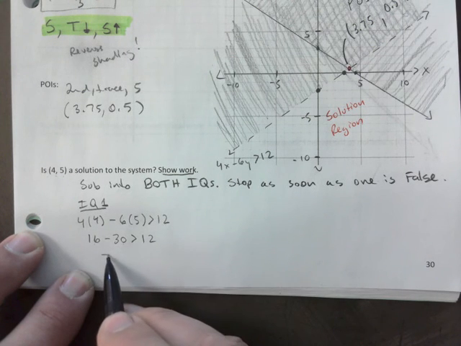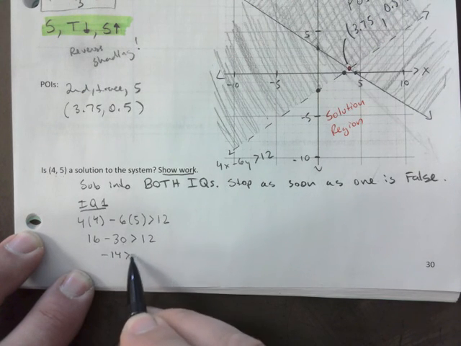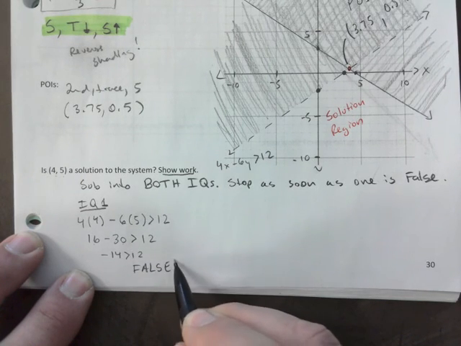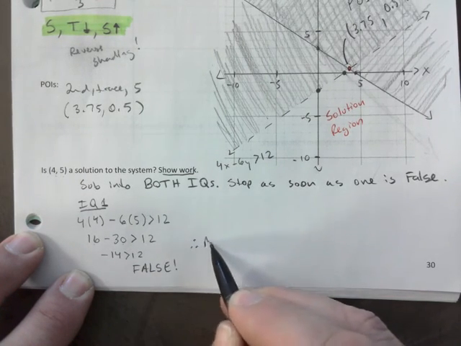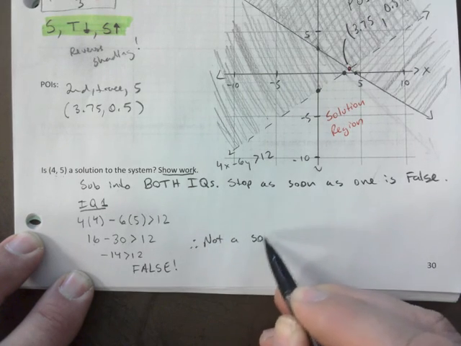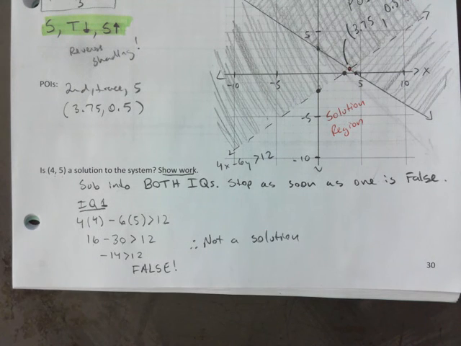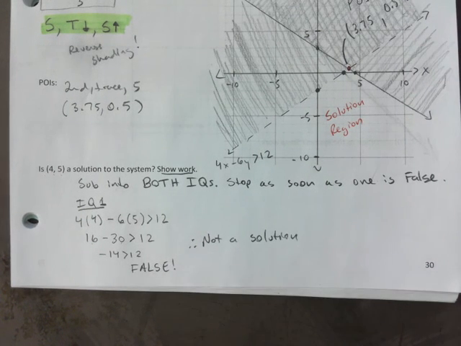And this gives you negative 14 is greater than 12. This is false. Therefore, not a solution. I did not enter it into the other one, did I? It could have been true for that one, but it actually won't be, because it's going to be false for both. But as soon as one of them is false, you stop.